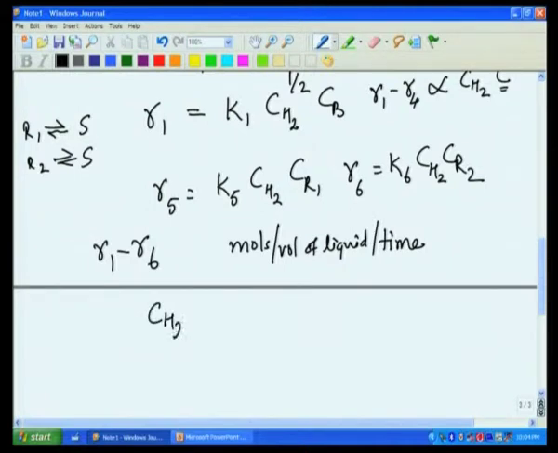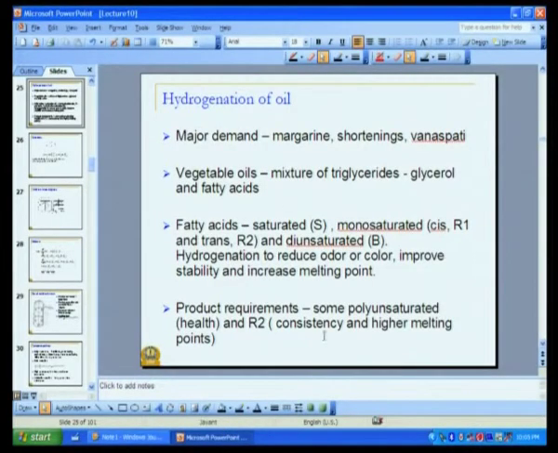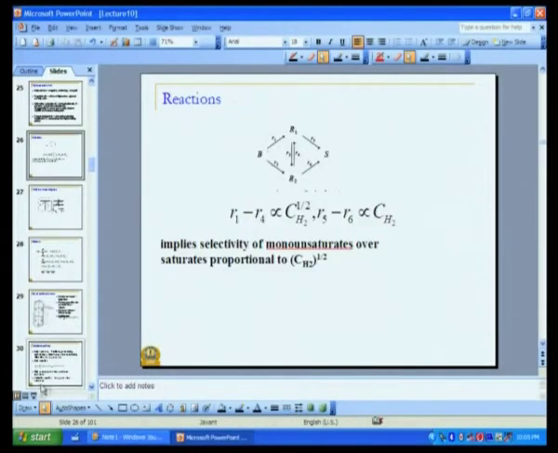Hydrogen concentration C2 that we have written here is the liquid phase concentration. Okay, that is not the gaseous concentration. So, we need to find that liquid phase concentration. Now, if we look at these rates, and let us go back to our slides.